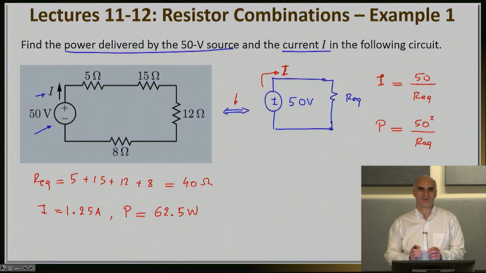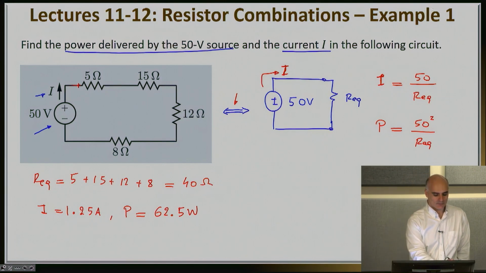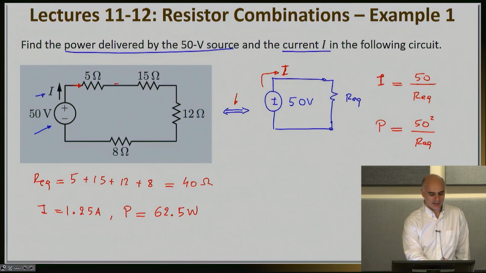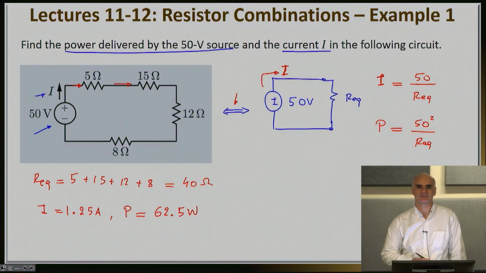The only real way to examine this and to convince yourselves that you're not making a mistake, and that indeed this combination is a series one, is by asking yourself the following question. Is the current that flows through the first resistor necessarily equal to the current that will flow through the next one?